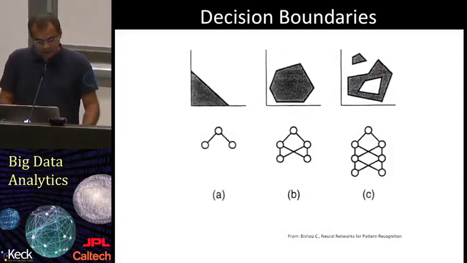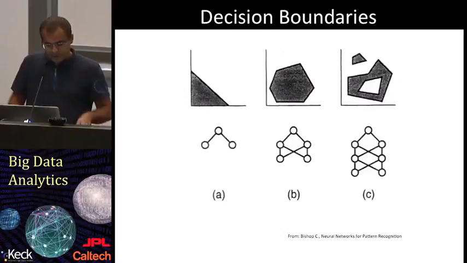In this slide, there are some possible decision boundaries which can be generated by networks having a threshold activation function and different numbers of hidden layers. For example, A, the first one, is a simple perceptron with just one layer and can be used for linear classification.